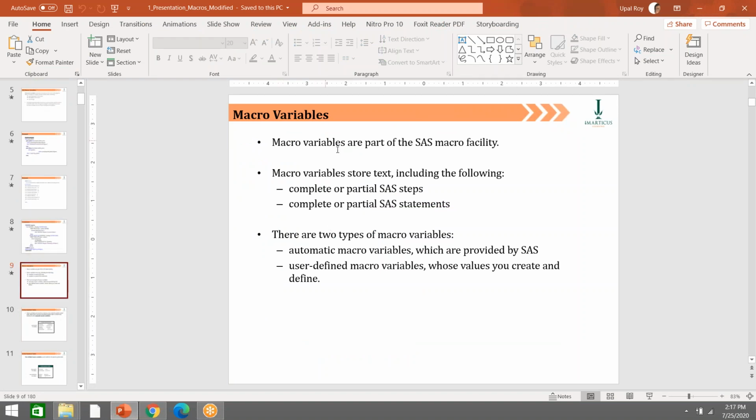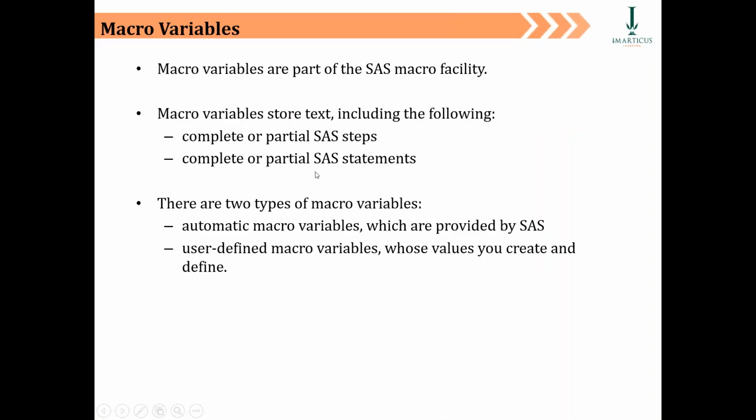So now what we have seen is macro variables. They are part of our SAS macro family, and macro variables store text, including complete or partial SAS text. We have seen that some of them are complete SAS text, some are partial SAS text. There are two types of macro variables. One is automatic macro variables, which are provided by SAS, and I have given them another name. What is that name?